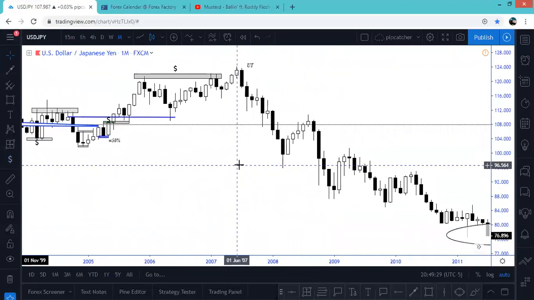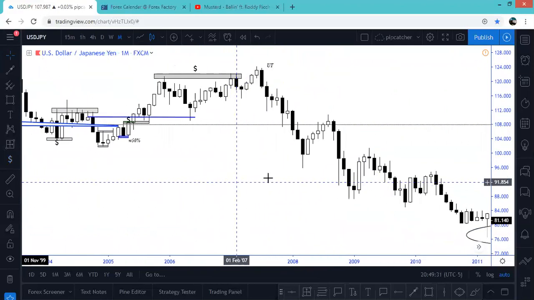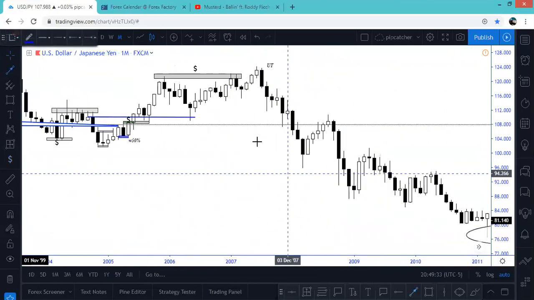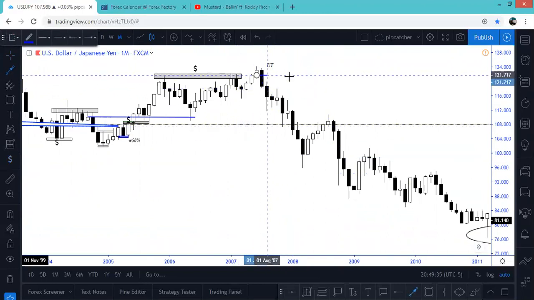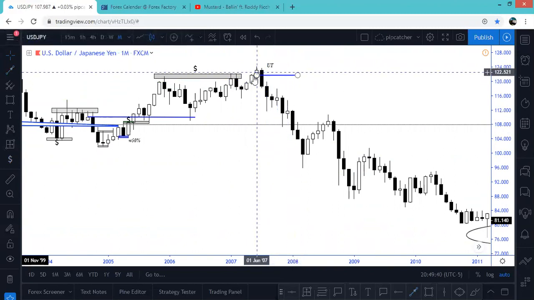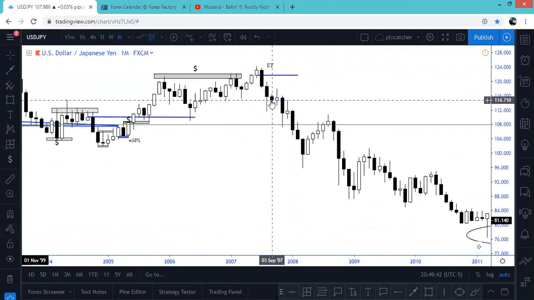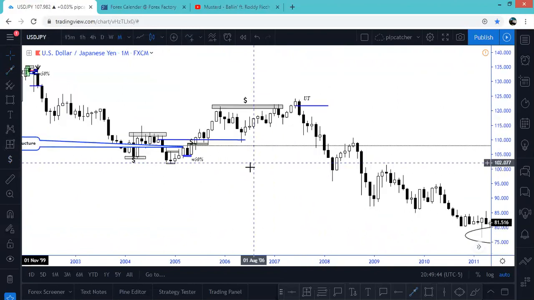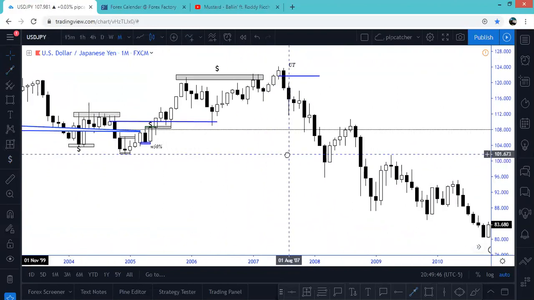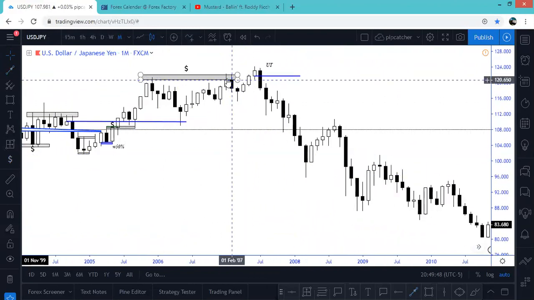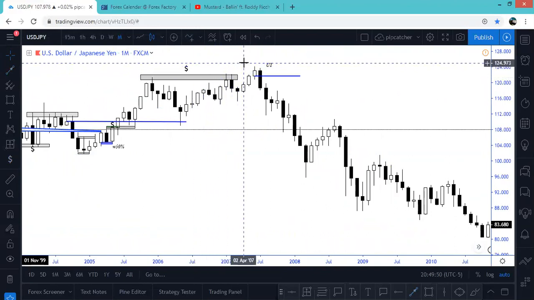Now the first thing I see right here is that monthly engulfing of this last up candle before this down move. Now I'm probably going to start to sound like a broken record, but this is a breaker block scenario.